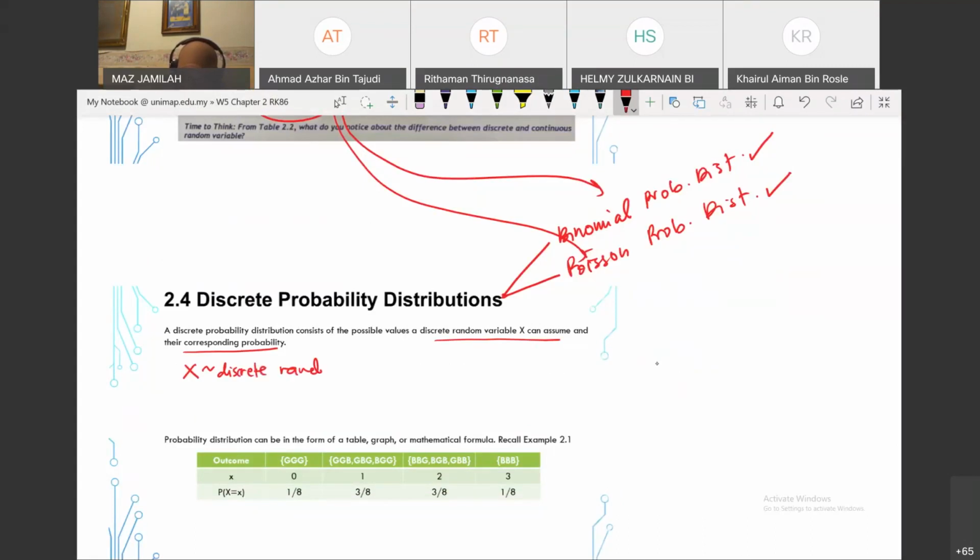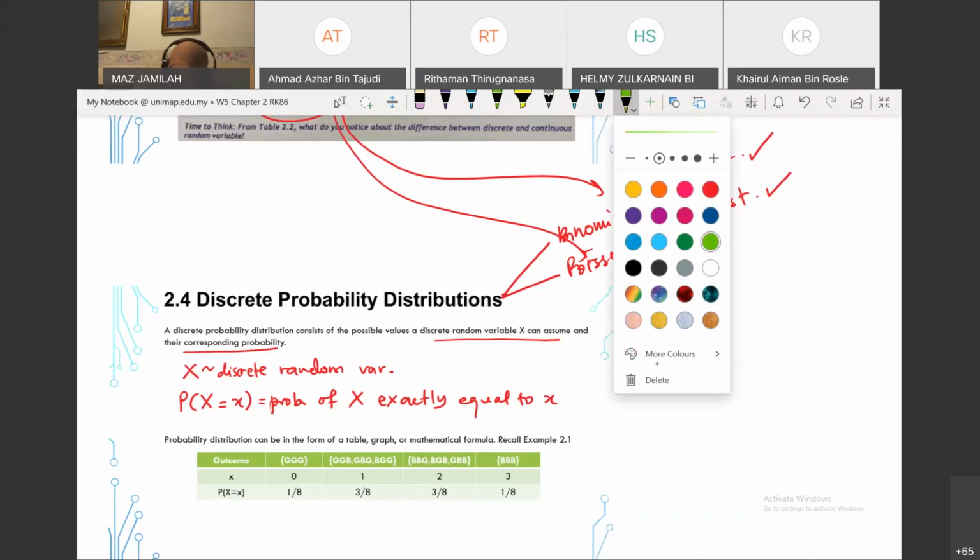And we know that probability of X equal to x is read as probability of X exactly equal to x.